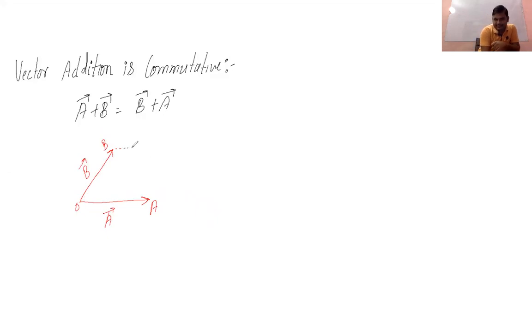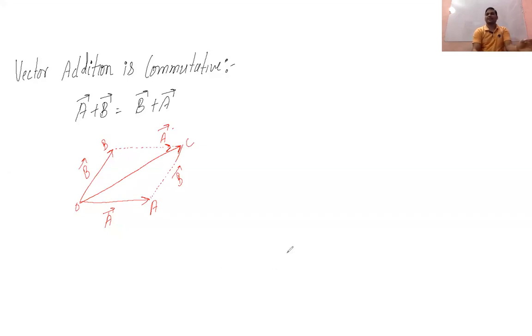You can make a parallel side here, and this will also be your A vector. Now you can make the parallel of B, which will also be your B vector. Now we can mark a point C here, and this will be the resultant.